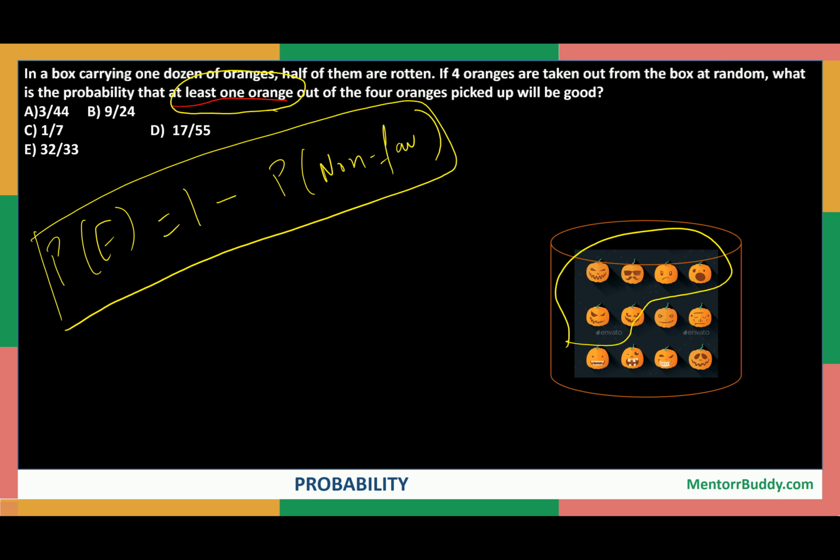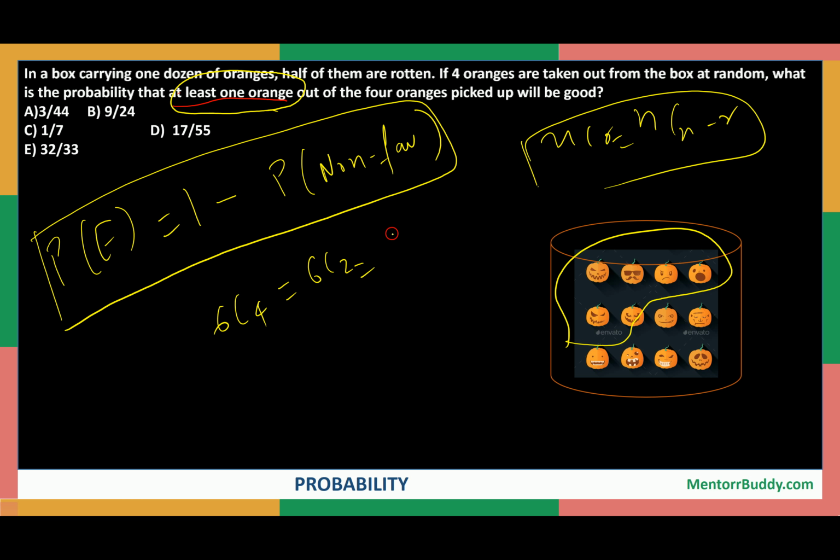In how many ways can 4 rotten oranges be picked up? They can be picked up in 6C4 ways. 6C4 is equal to 6C2, using nCr equals nC(n minus r). With that formula, 6C2 is equal to 6 into 5 upon 2, that is 15. So in 15 ways we can pick up 4 rotten oranges.